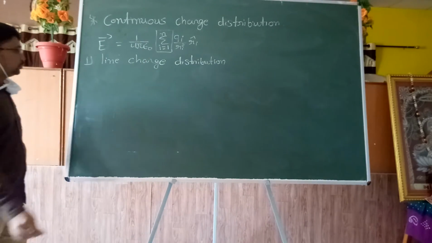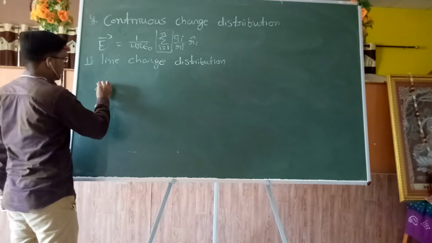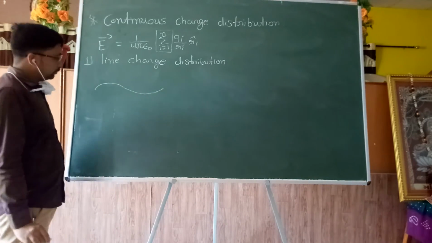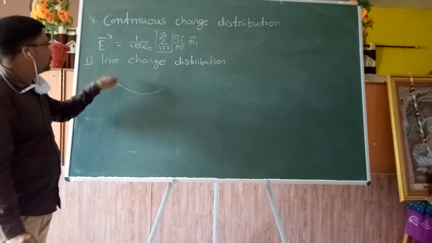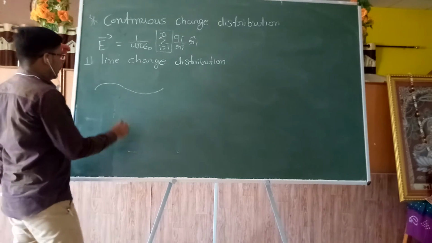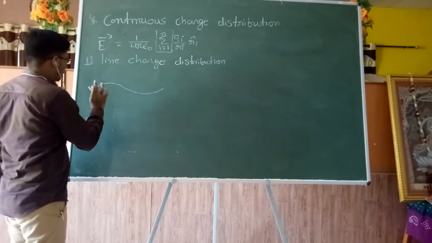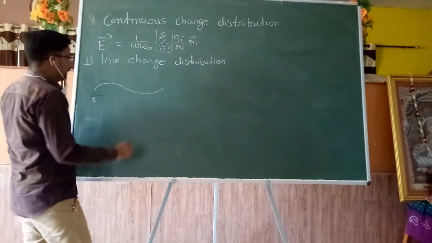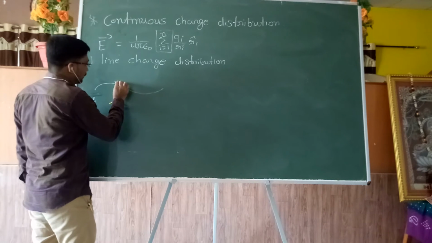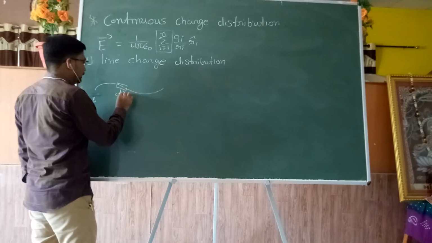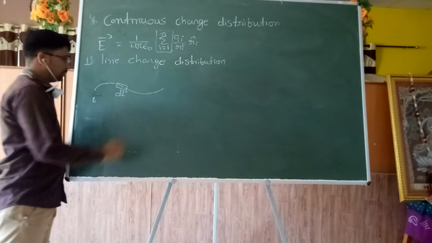What is line charge distribution? Previously we talked about what is line charge distribution. So there should be a line on which charge is distributed. So if we consider a line of length L, and we consider a small part of the line dl.